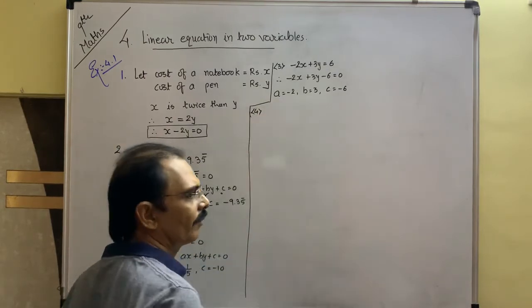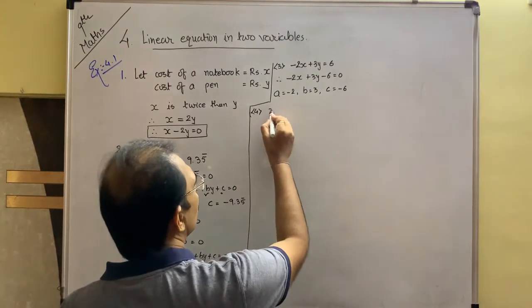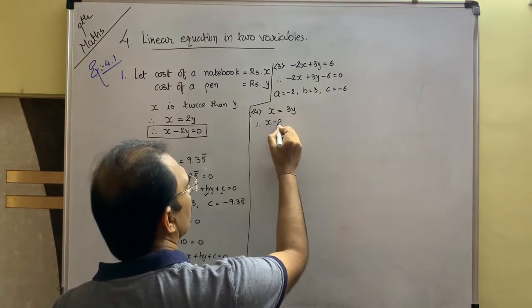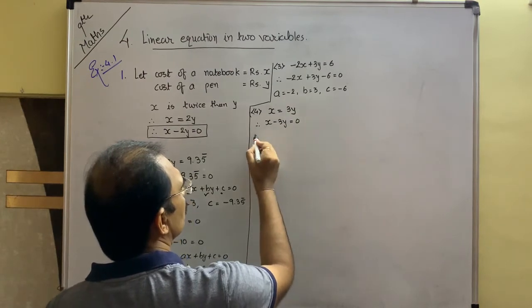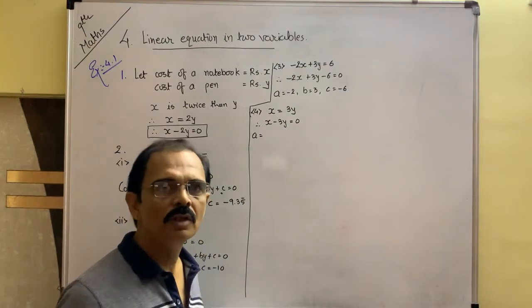Is it okay? Now number 4, x equals to 3y. So take 3y this side, x minus 3y equals to 0. Again compare with standard form, ax plus by plus c equals to 0.